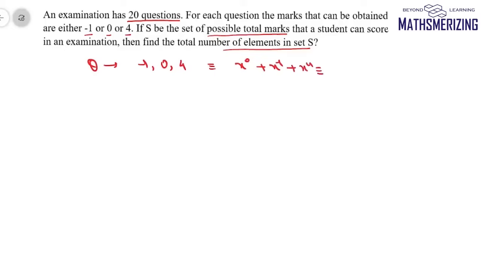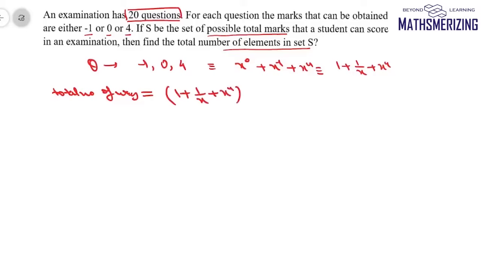So for each question there are 3 possibilities, 1 plus 1 upon x plus x to the power 4. So the total number of ways of scoring on the paper will be (1 plus 1 upon x plus x to the power 4) to the power 20.